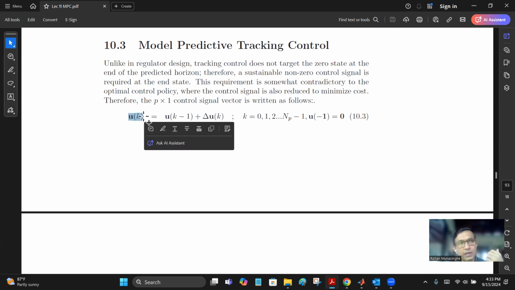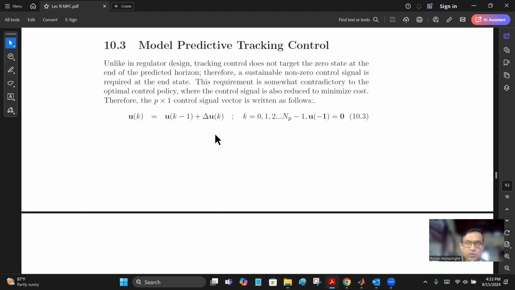u_k, the control signal at time k, is u_{k-1}, the previous control signal, plus delta u_k. So this is a redefinition. Redefining the control signal this way allows you to separate the control signal into two parts: what was there and what is being added on top of that, which is delta.